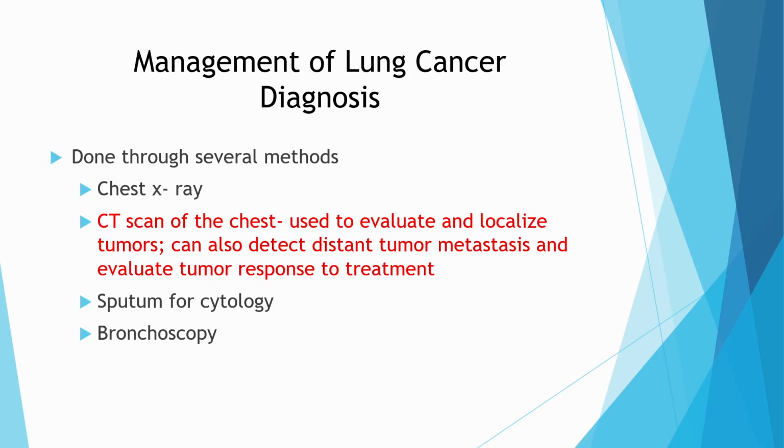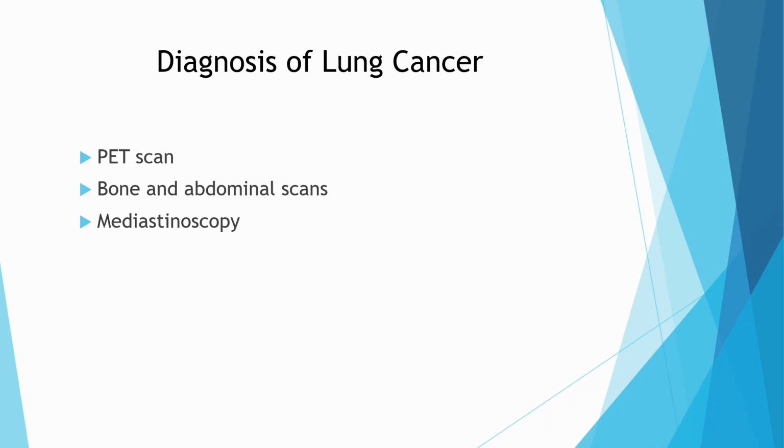It can also detect distant tumor mets and evaluate tumor responsiveness to treatment. Ladies and gentlemen, please take note. And then sputum for cytology, and then bronchoscopy. We can also do a PET scan, bone and abdominal scans, and a mediastinoscopy.